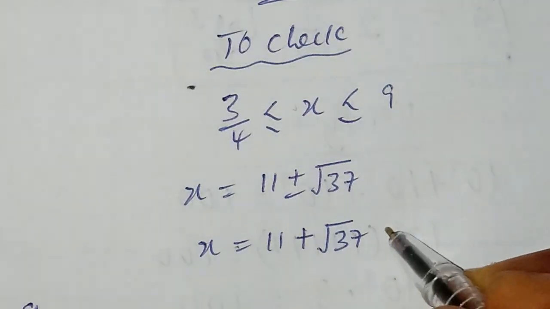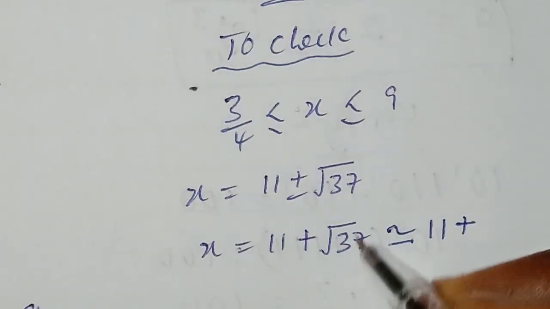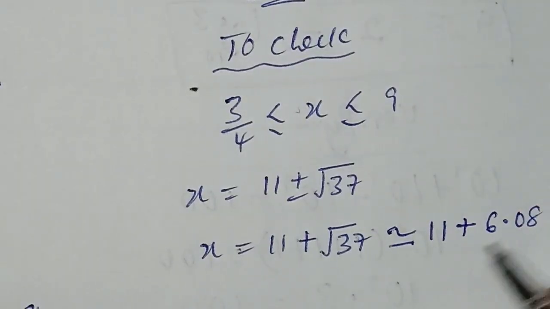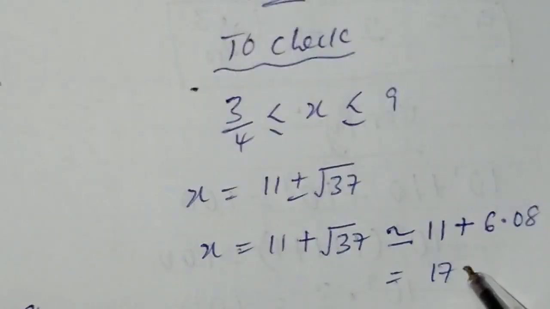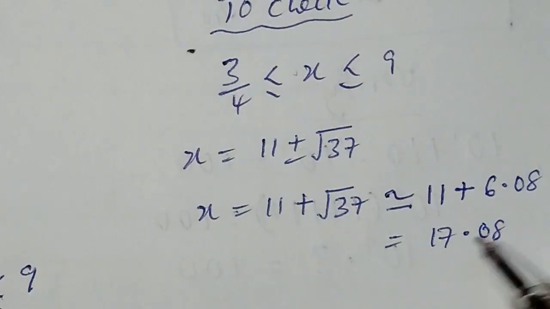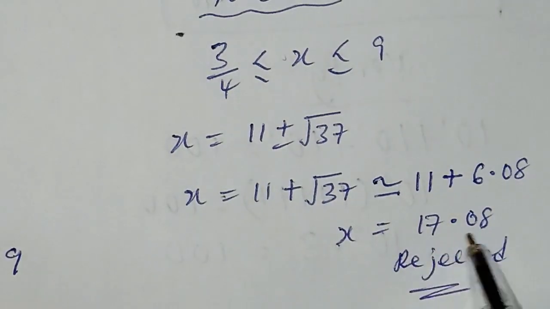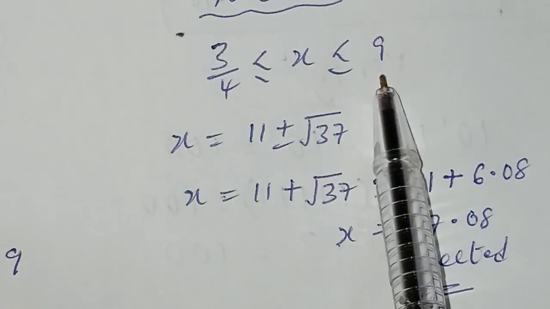So here this can be approximately written as 11 plus the square root of 37, which is 6.08, and if we add this together, we have 17.08. So this is rejected. Why? Because this has gone beyond the domain of x. It is more than 9.